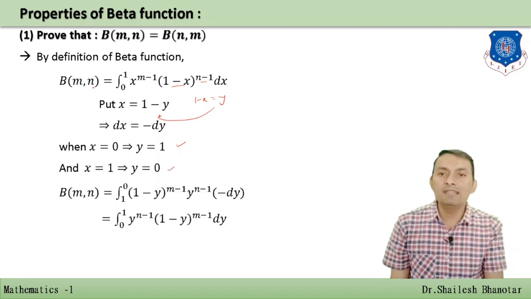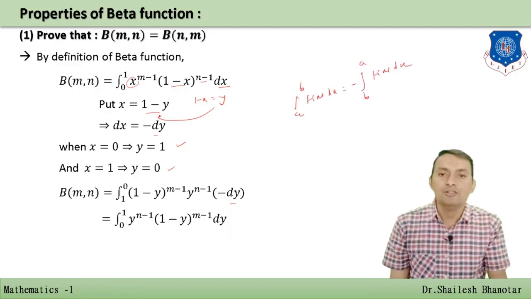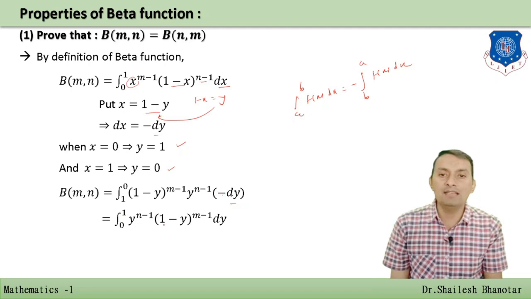Therefore beta(m, n) can be reduced to the integral from 1 to 0, where x is replaced by 1 minus y raised to m minus 1, and 1 minus x is nothing but y, so y raised to n minus 1, and dx is nothing but minus dy. But here minus is there, so when I interchange the limits, we get the integral from 0 to 1, and since minus is already there, it becomes plus.